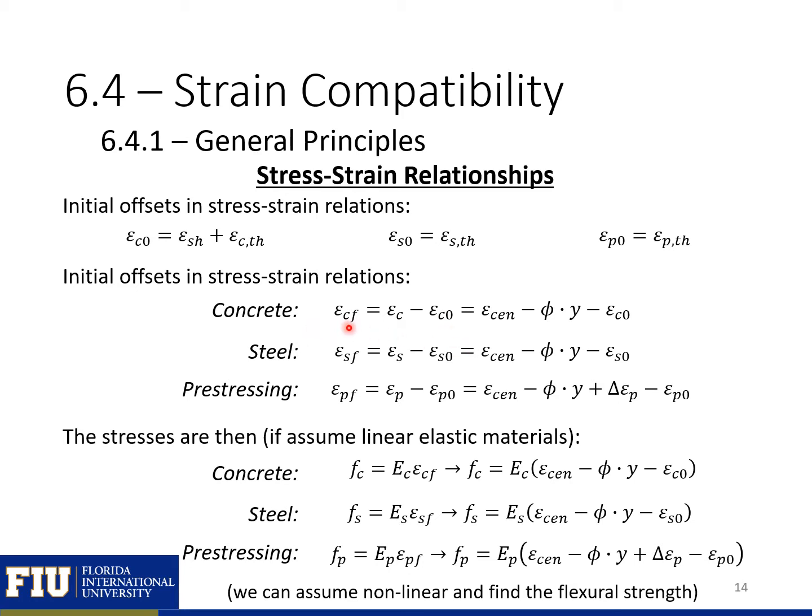Then we can take this strain times the modulus of our different materials, because we are assuming linear elastic behavior for all of our materials. And we can find an equation here relating our stress to our strain at the centroid, the curvature in the section, and the distance from the centroid to whatever depth in the cross-section we're interested in finding our stress. We can do the same thing with our steel and our pre-stressing, remembering that we have this locked-in strain differential for our pre-stressing.